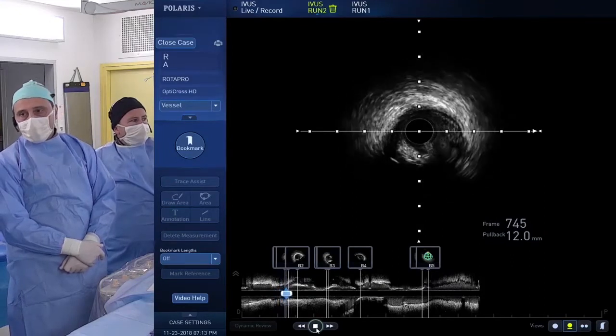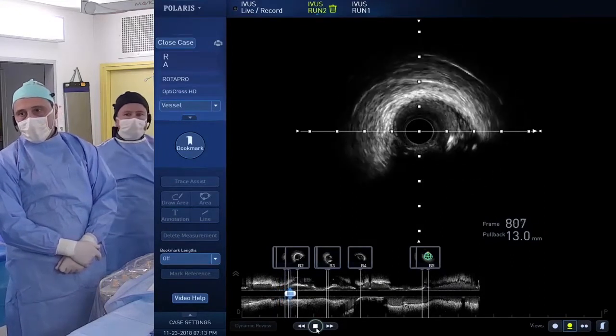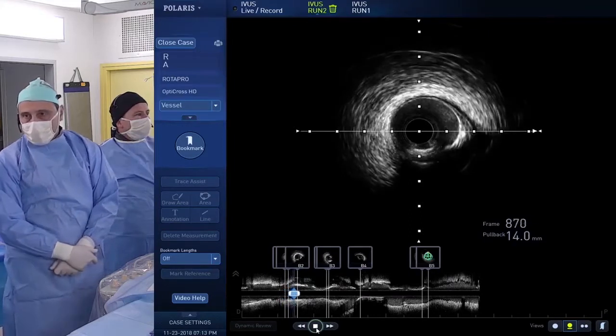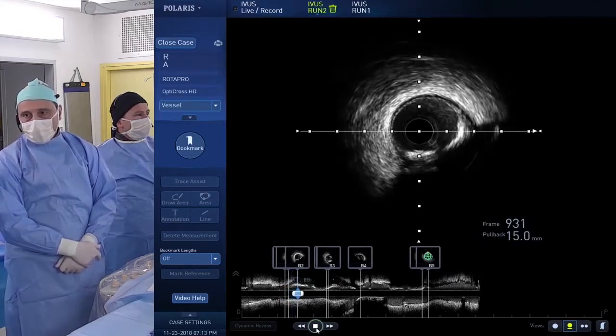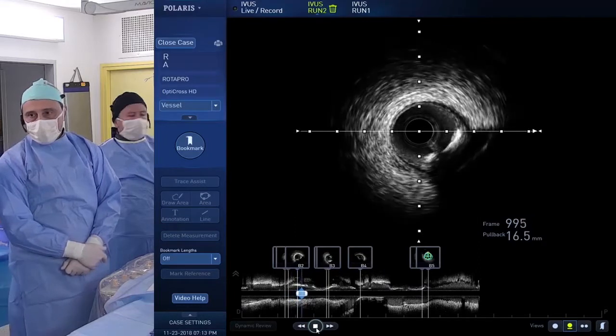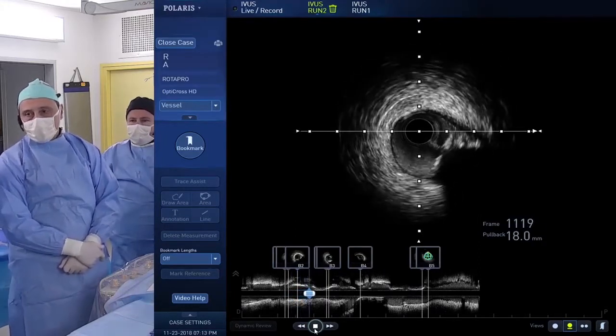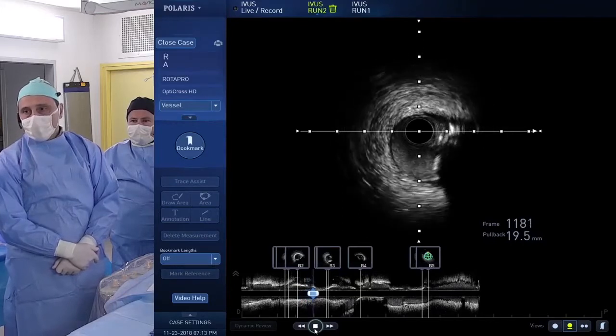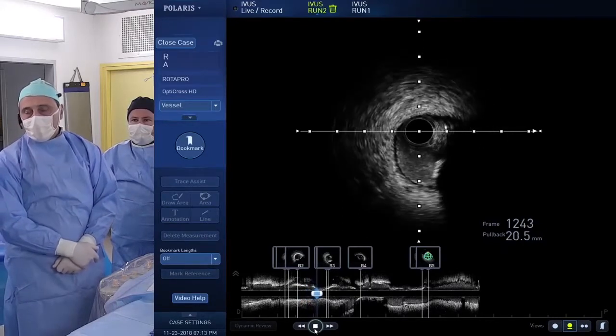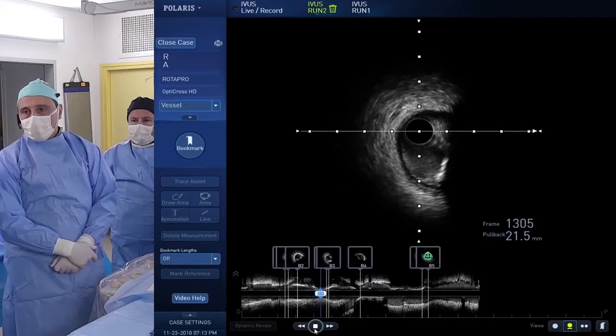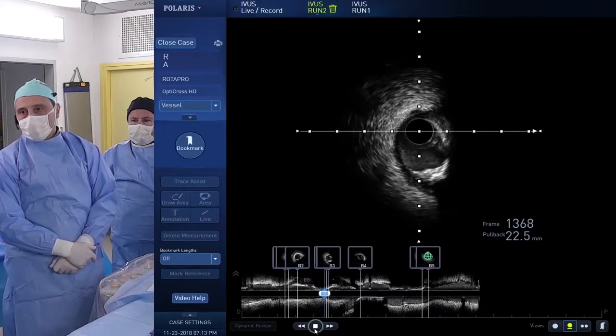But you will see in a short while pulling back, here we have calcification between 3 o'clock and 9 o'clock. But you will see shortly that there are even segments with 260 degrees calcification, so really 3 quadrants. So far we're still with 2 quadrants, and that was what really triggered our decision. Well, there you go.